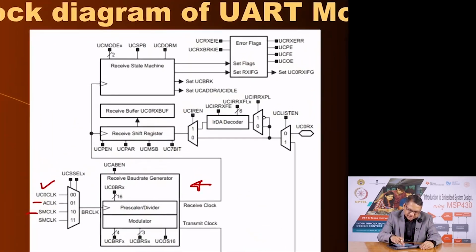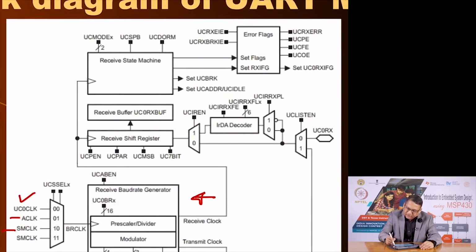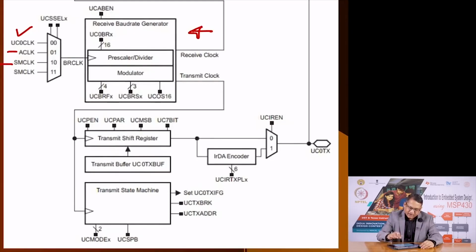In the receiving section, the data that is coming from the RX pin goes into the shift register, and once the data is received, it is transferred to the receiver buffer, and then the microcontroller will get to know that a data byte is available on the receive buffer, and then it can be transferred to the CPU. On the transmitting side, the CPU writes data into the transmit buffer.